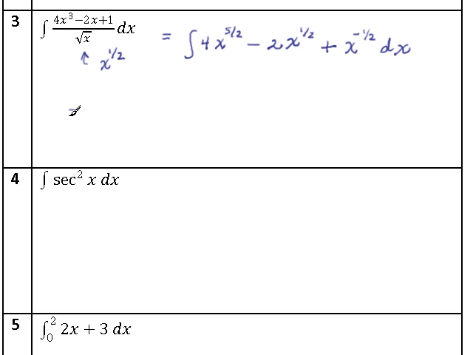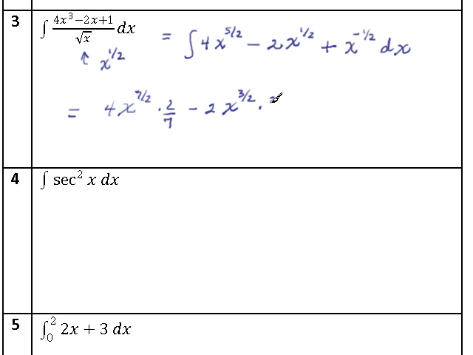And now we're going to integrate applying the power rule. All right, so let's do that. So we have 4 and x to the 5/2 plus 1. That's 5/2 plus 2/2 is 7/2. Divide by 7/2 or multiply by 2/7. Here we have 1/2 plus 2/2 is 3/2.